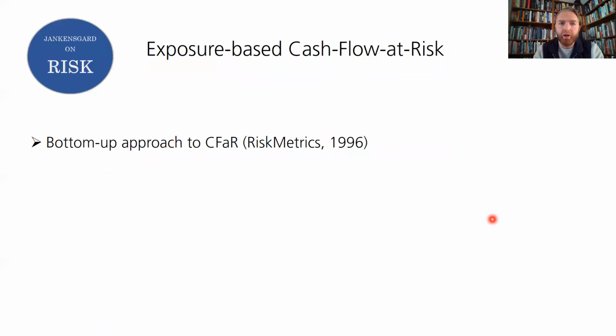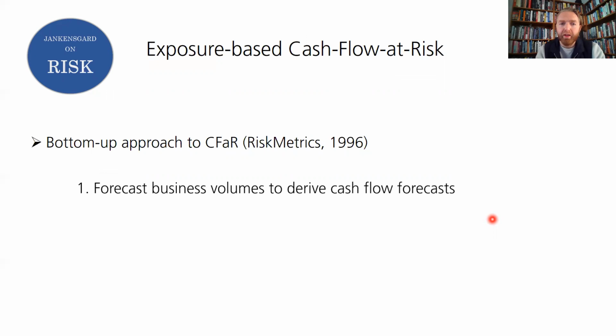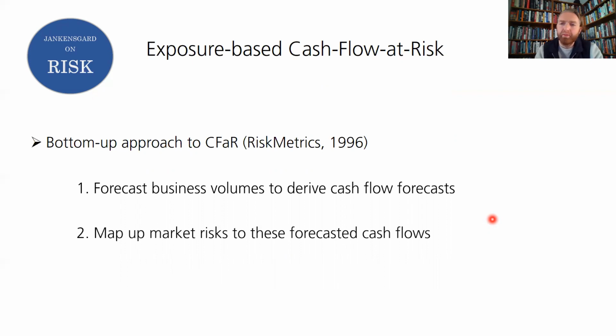So prior to exposure-based cash flow at risk, there were two main approaches around for generating cash flow at risk estimates. And one was the bottom-up approach, in which you basically forecasted the firm's business plan, bottom up, these volumes of sales volumes and cost estimates and so forth. And you connect market risk factors like the exchange rate and interest rate with those cash flows.